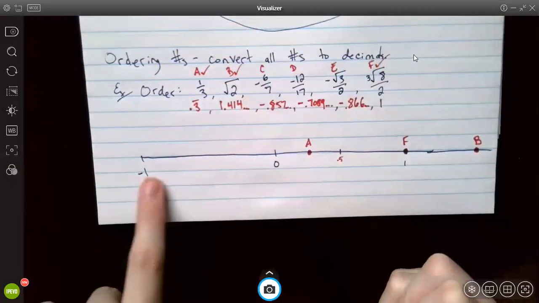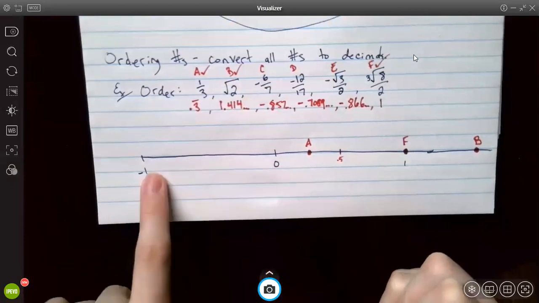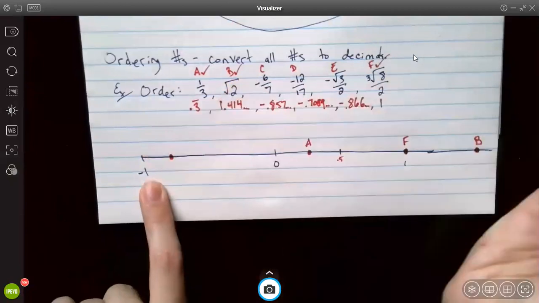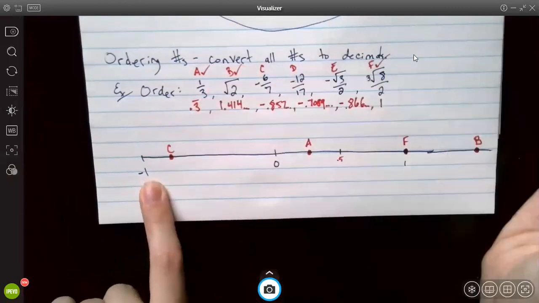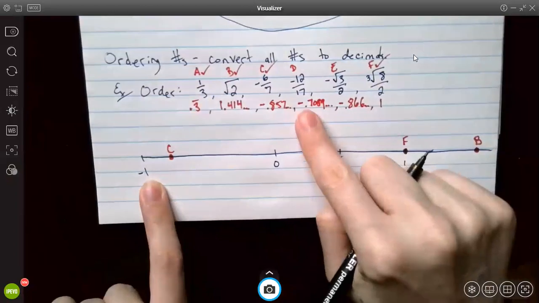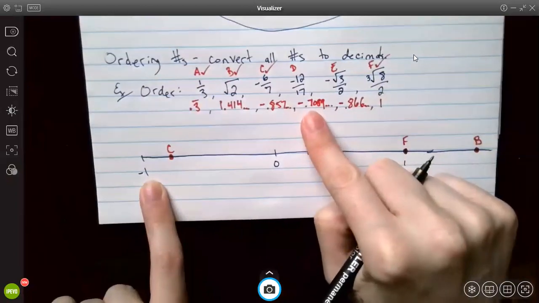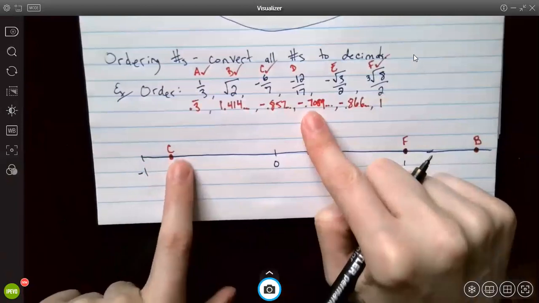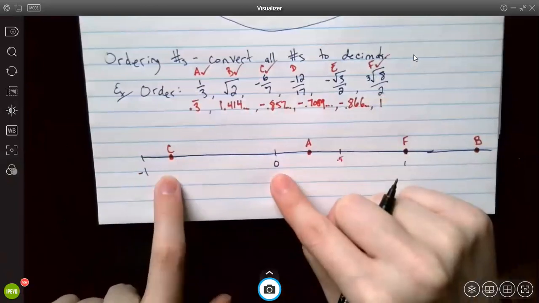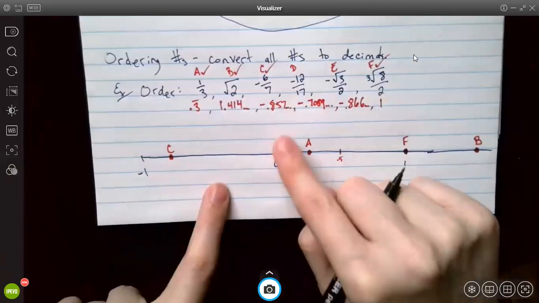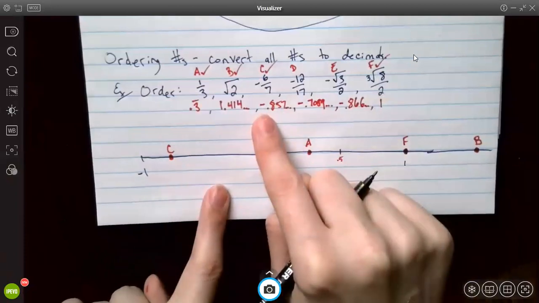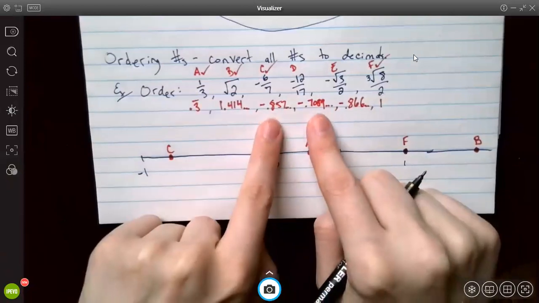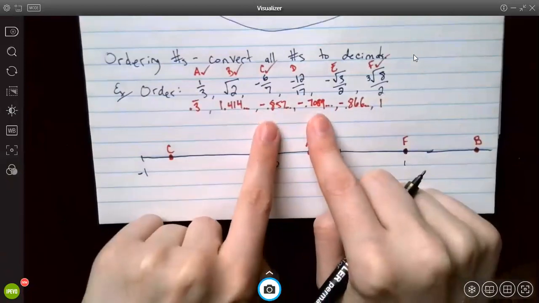-0.8. So it's not quite to -1 yet. I might put it around there. -0.7 is going to be closer to 0 than -1. Okay. Remember, when it comes to negative numbers, the larger it seems, the more negative it is.